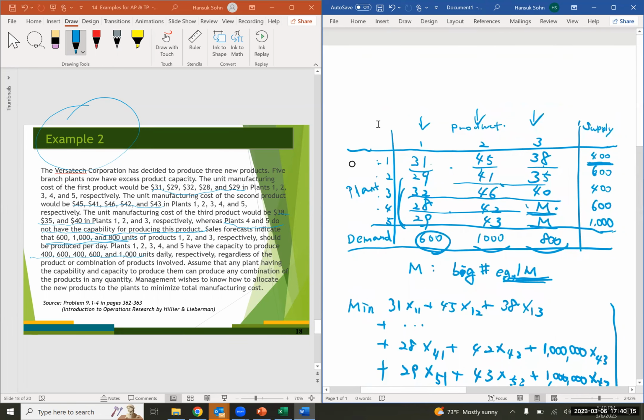Okay, so that's all for today. So far we've talked about LP modeling techniques with the graphical method.